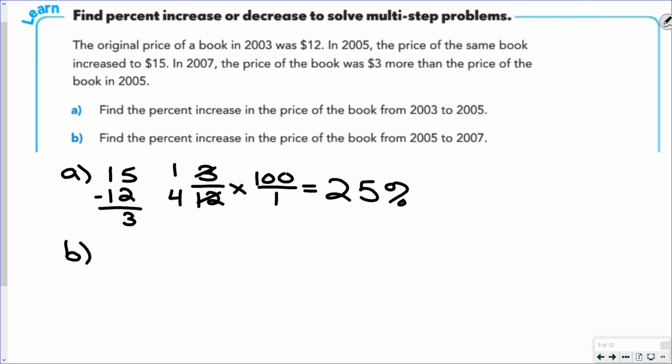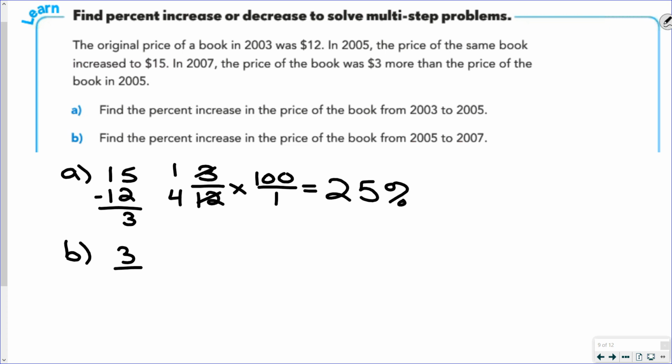For part B, we want to find the percent increase in the price of the book from 2005 to 2007. Well, on this one, we don't have to calculate the change because we're given the change. It says in 2007, the price of the book was $3 more than the price of the book in 2005. So our change is 3.